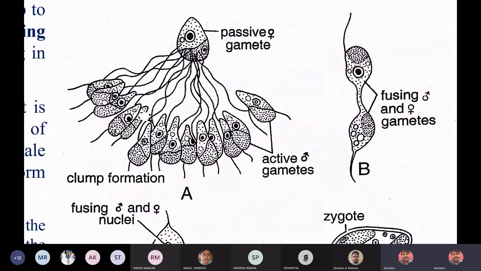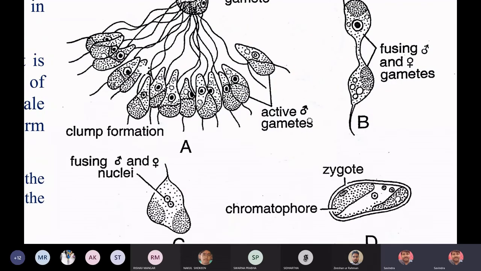It will stop production of ectocarpin, और एक्टोकार्पिन का प्रोडक्शन जैसे ही बंद करेगा, all those flagella which were attached, apart from that one which had already fertilized, एक जो फर्टिलाइज हो चुका है उसके अलावा बाकी सारे अपने आप को डिटैच कर लेंगे इस पूरे से, फीमेल से, and then this zygote will germinate in next few days.